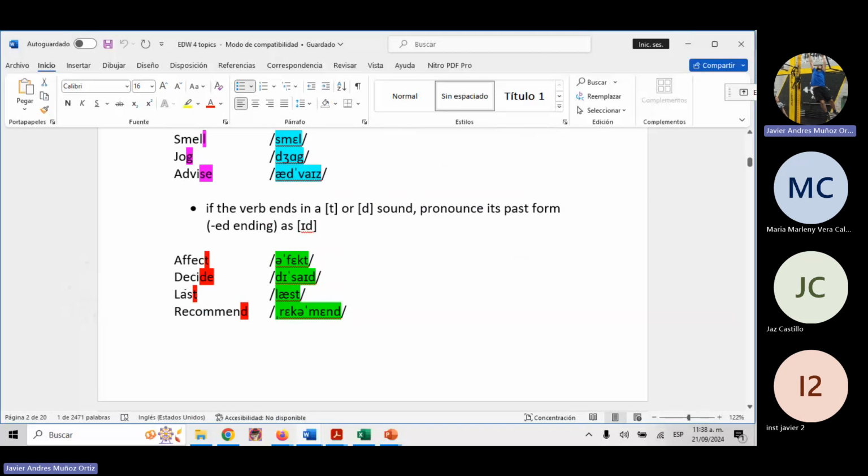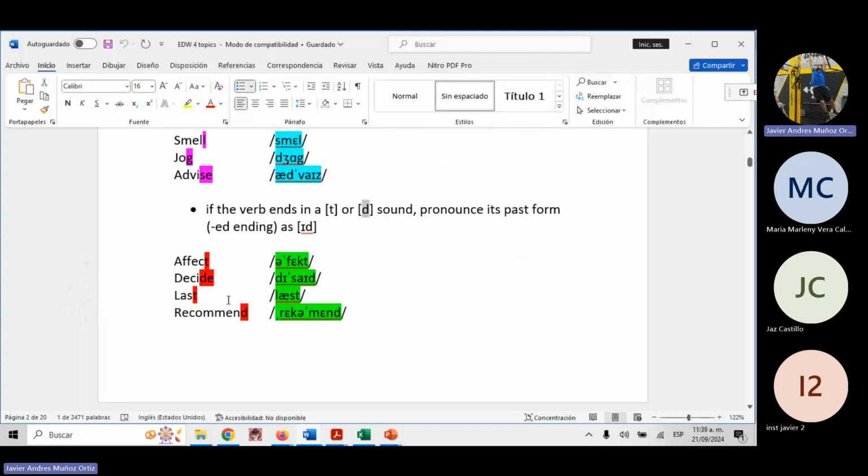And finally, the last pronunciation is id. So when are we going to use this id pronunciation? When our verb ends in a t ending or d ending. Affect, we cannot say affect-t. Instead, we say affected. Or last, no, it's not possible. Lasted. Affected, lasted. Or decide. The word ends in the sound of d, right?